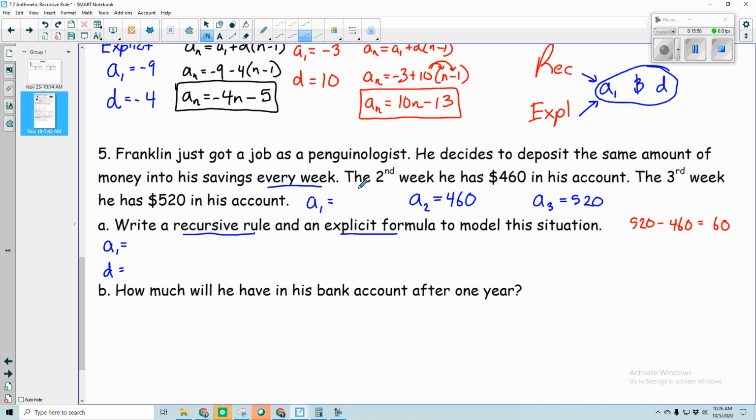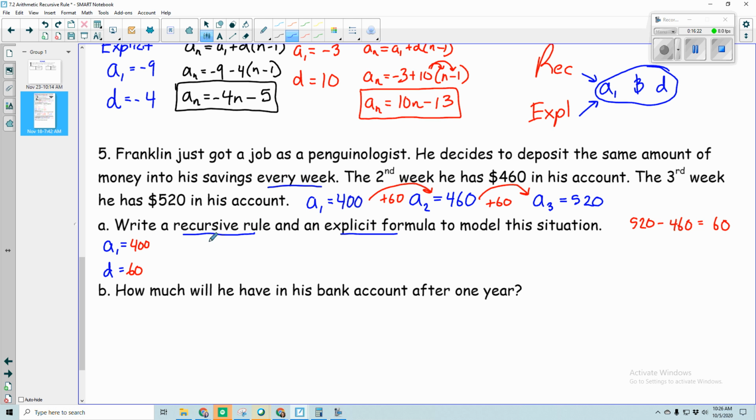So if we go backwards, he should have had $400 there the first week, and then he added $60, and then he added another $60. He just keeps on putting in $60 over and over again. So the pattern is he's adding $60, and the first term is $400 in his bank account.